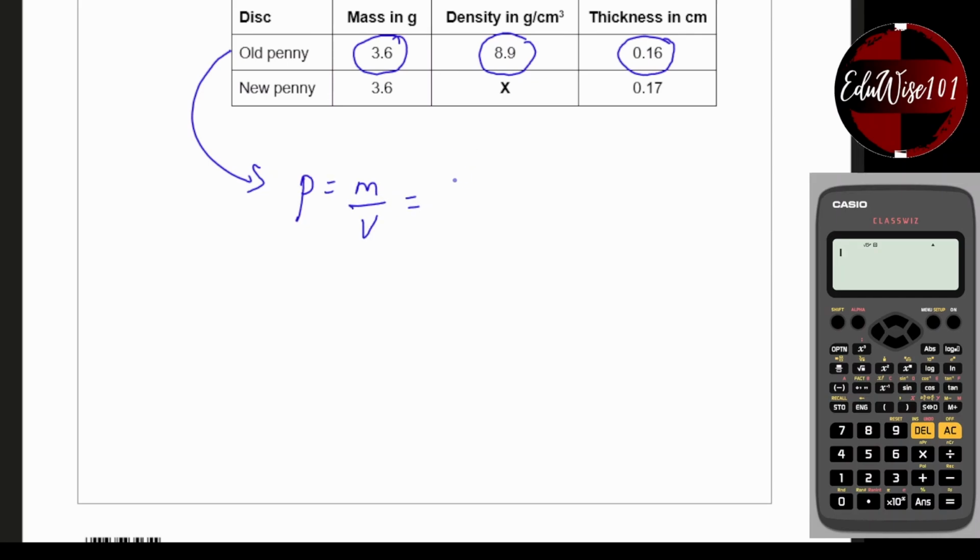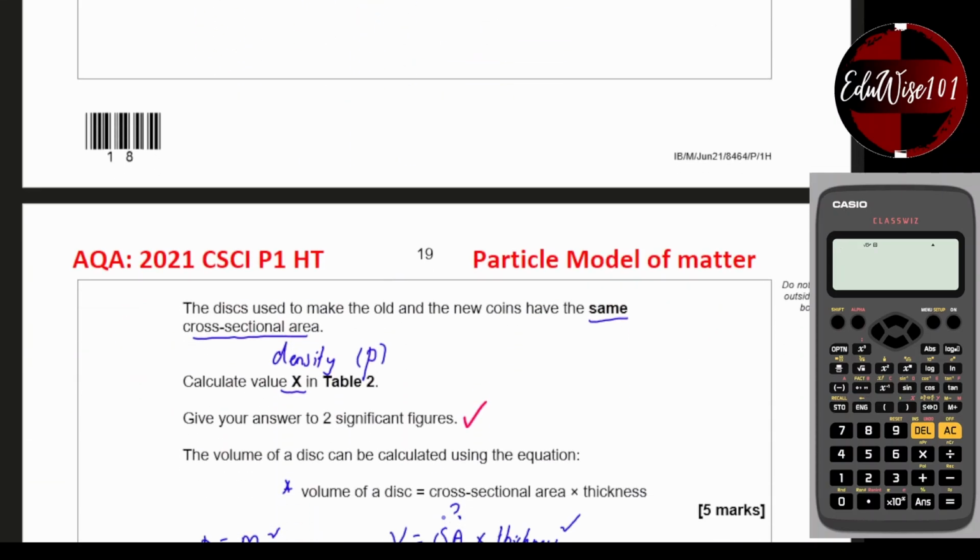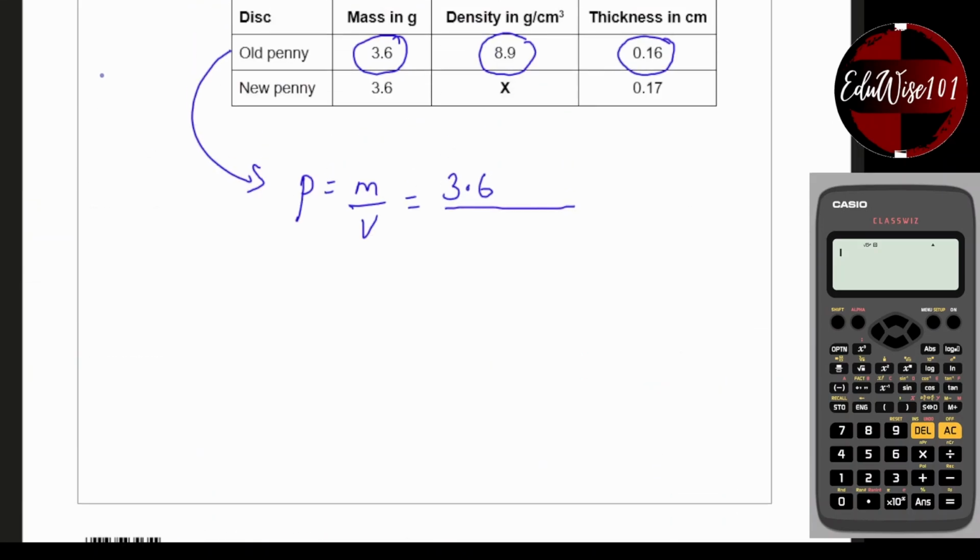The mass here is 3.6 divided by the volume, which, remember, is given by cross-sectional area multiplied by the thickness. So the area, which I don't know, multiplied by the thickness, which is 0.16, is equal to the density, which is 8.9.